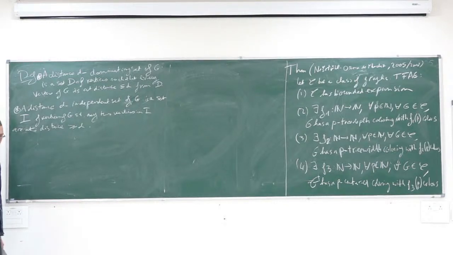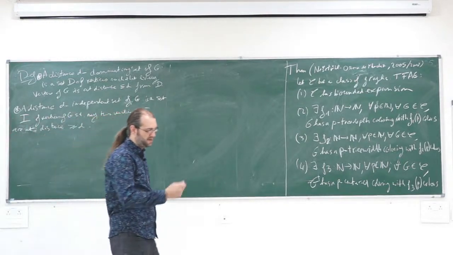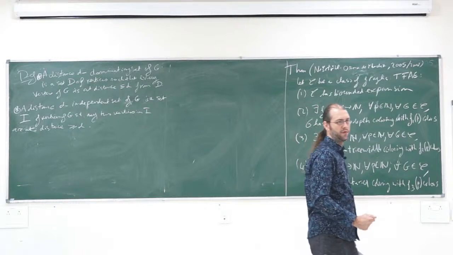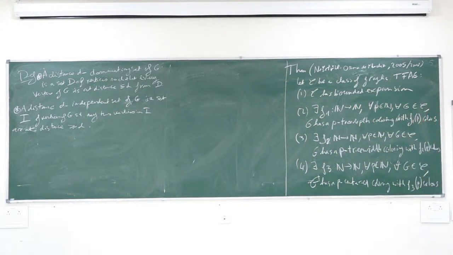So if you think of a normal independent set, it means d equals 2.